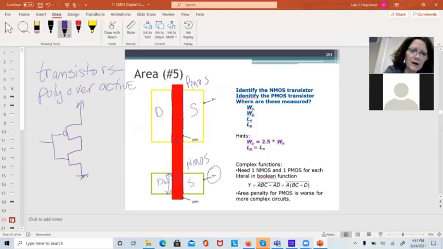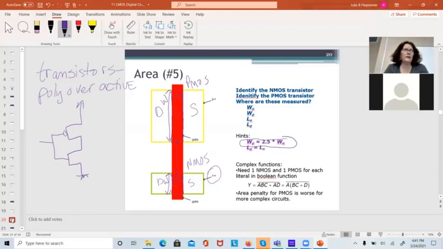For the PMOS, my W goes right here, and my L is the same. Typically, we make the W of the PMOS transistor about 2 to 2.5 times bigger than the NMOS transistor.